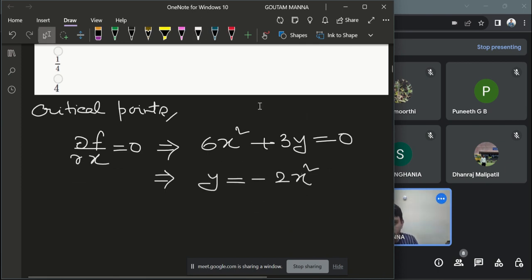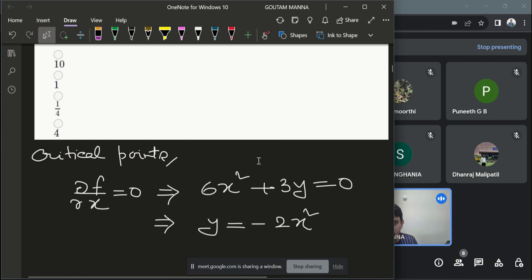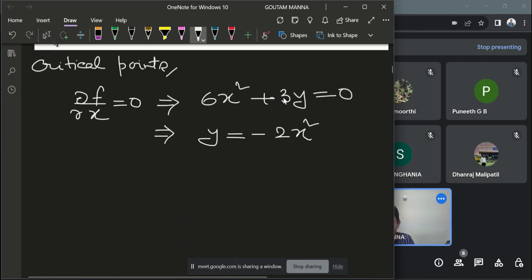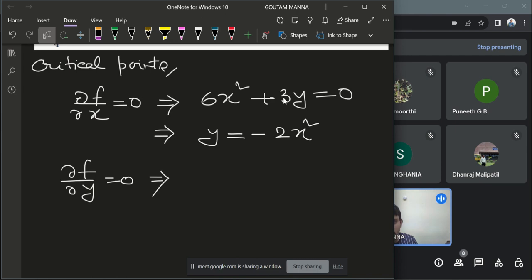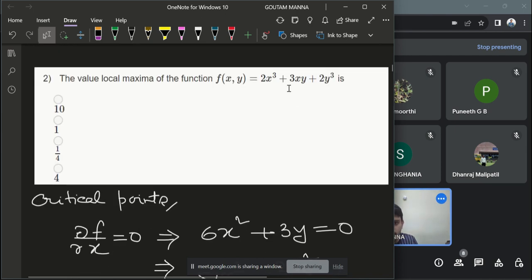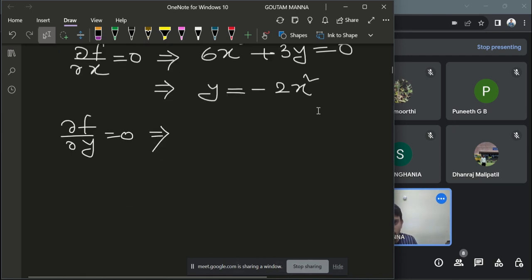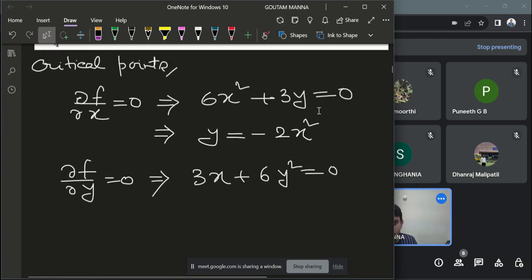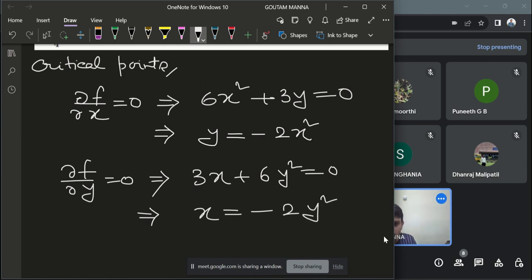And to get critical points, another equation we need to satisfy is del f del y equals to 0, and it will give 3x plus 6y square. So from there, x equals to minus 2y square.